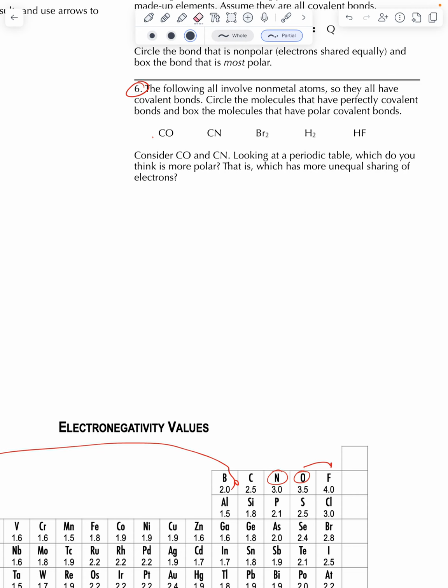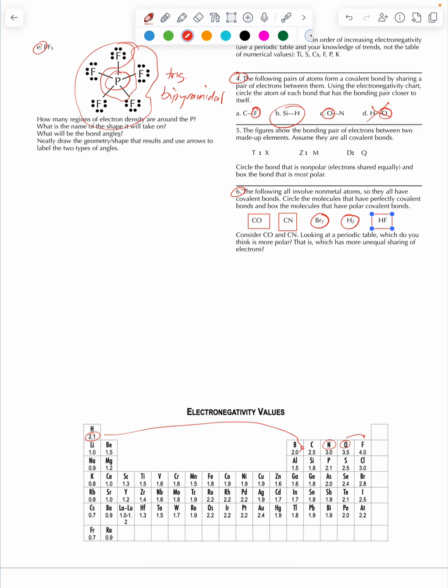So that is non-polar, two identical bromine atoms. Non-polar, two identical H2. But these are 2 different nonmetals, 2 different nonmetals, 2 different nonmetals. So those are all polar covalent, or polar. Okay. We'll move on.